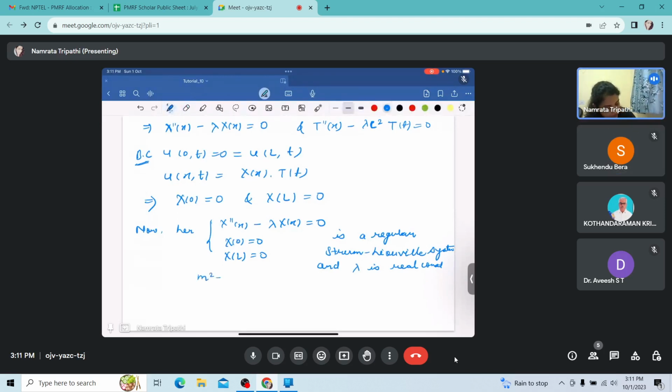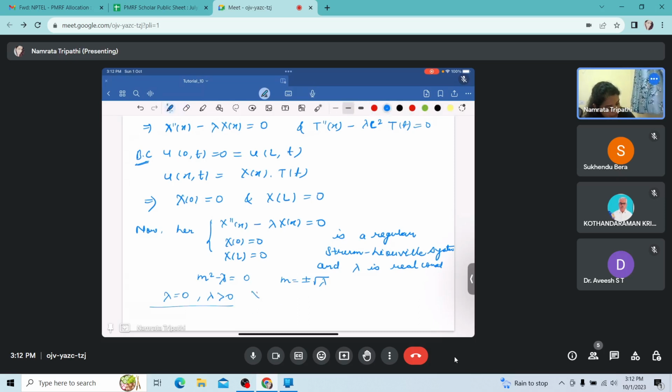You can solve easily from here. In the case of lambda 0 and lambda greater than 0, you will find the trivial solution.